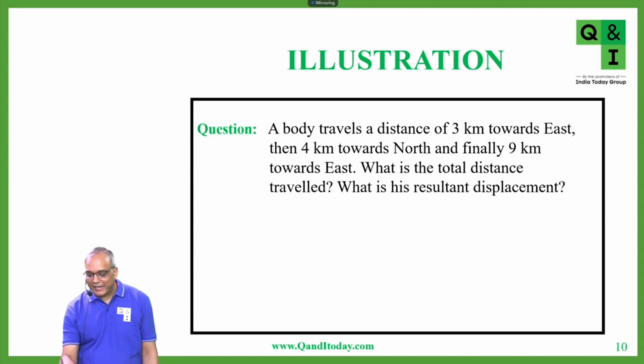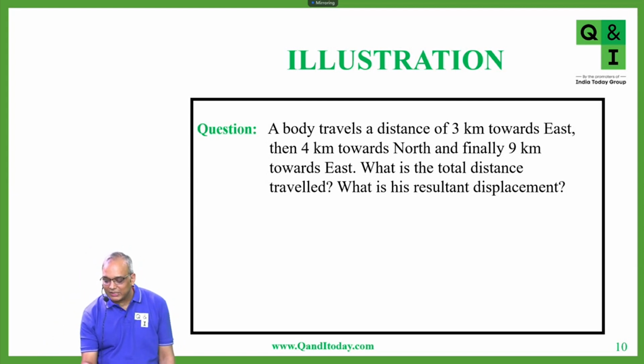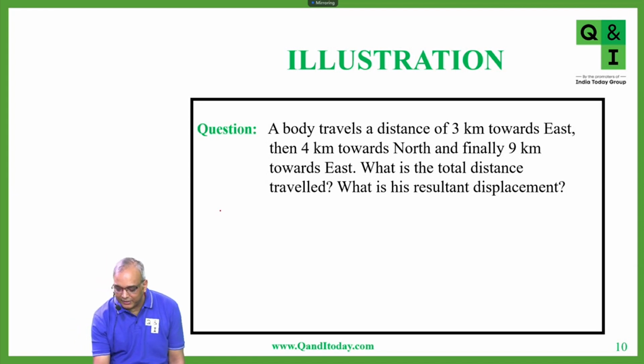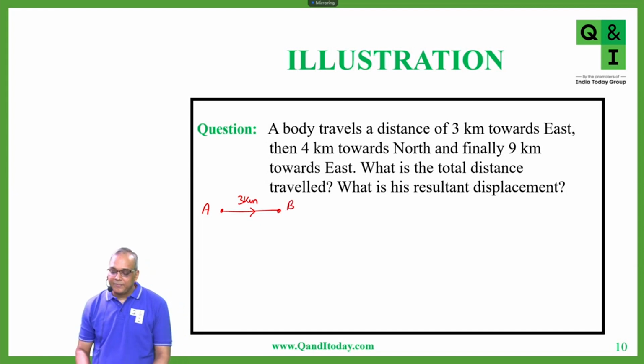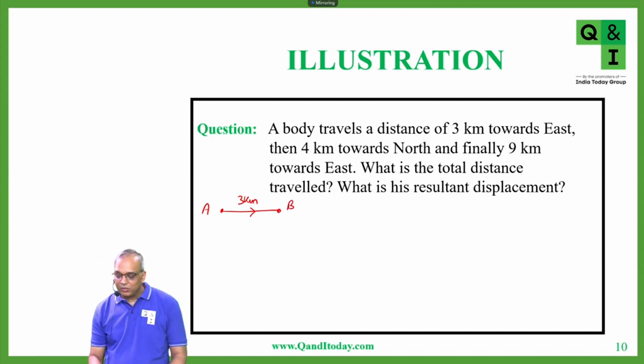A body travels a distance of 3 kilometers towards east, then 4 kilometers towards north. So the body travels a distance of 3 kilometers towards east. So I'll draw the rough diagram here. So body starts from this position and moves 3 kilometers towards east and reaches this point B. And then 4 kilometers towards north.